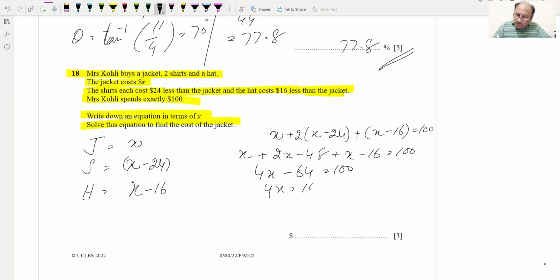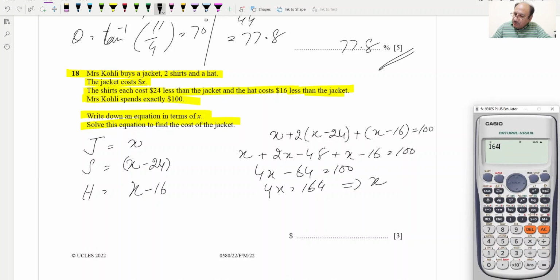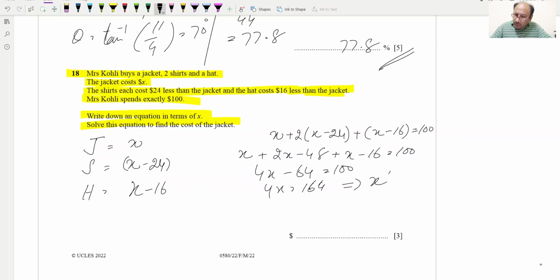So 4x is equal to 164. This implies x will be equal to 164 divided by 4, which is 41. So x value is equal to 41.